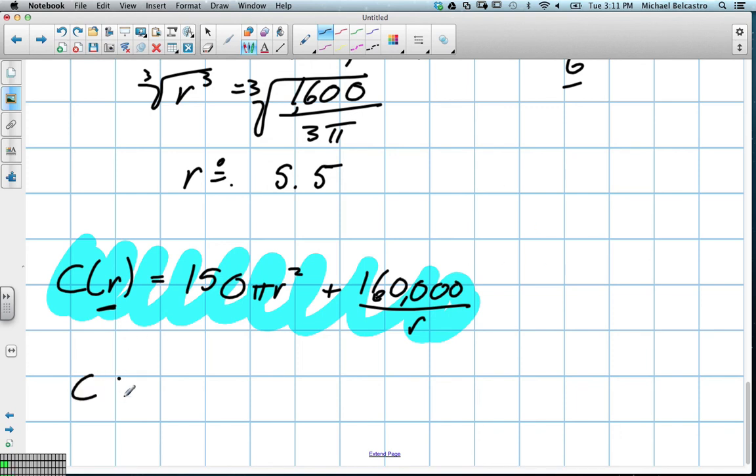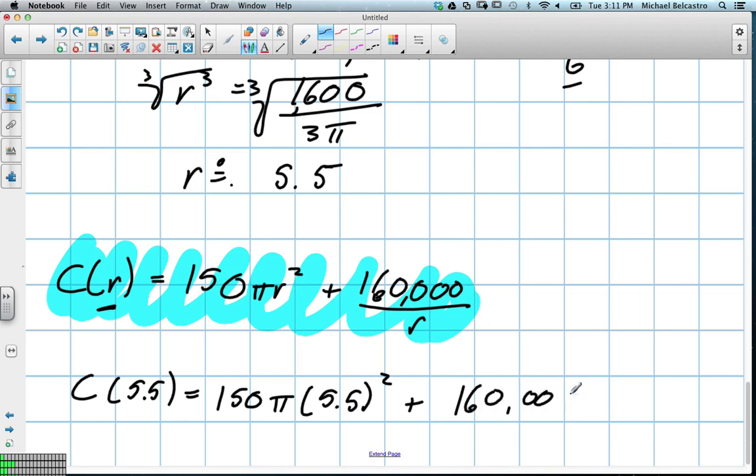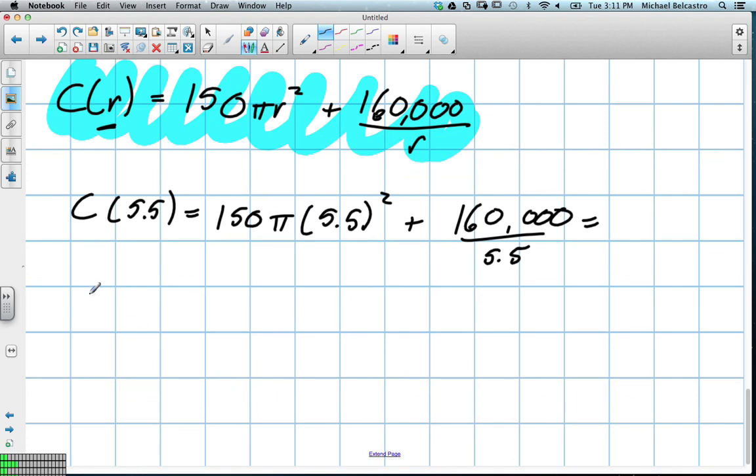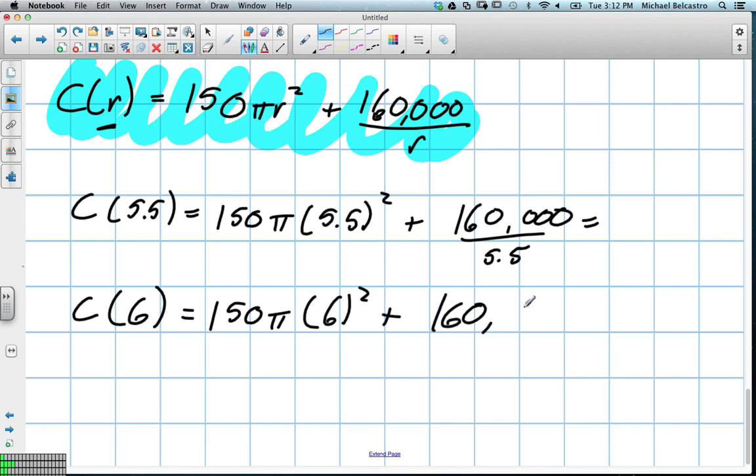Our cost when the radius is 5.5 would give us 150 pi times 5.5 squared plus 160,000 over 5.5. So that will give us one cost. And our second cost is at the value of 6: 150 pi times 6 squared plus 160,000 over 6.